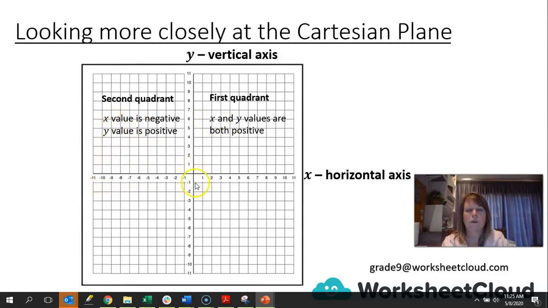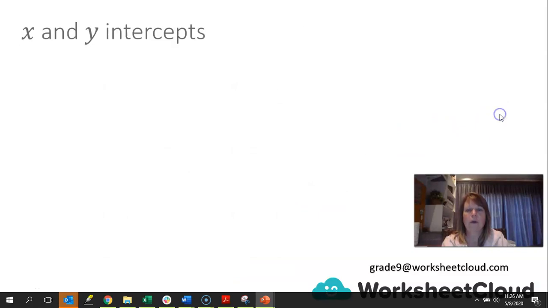The third quadrant, both of them are negative, that's negative x and negative y. And in the fourth quadrant, we've got the x value being positive, but the y value this time is negative. All right, so that's the Cartesian plane. And remember, where they cross, it is the point of origin, or where they are both naught.